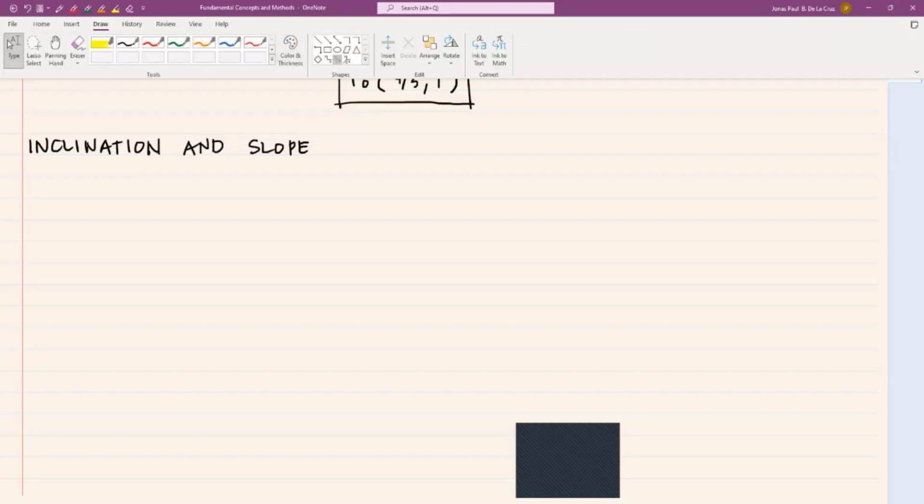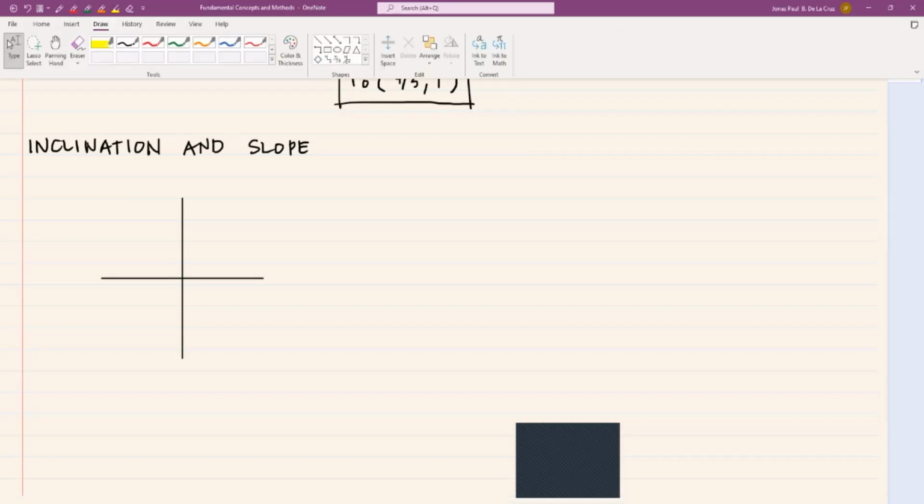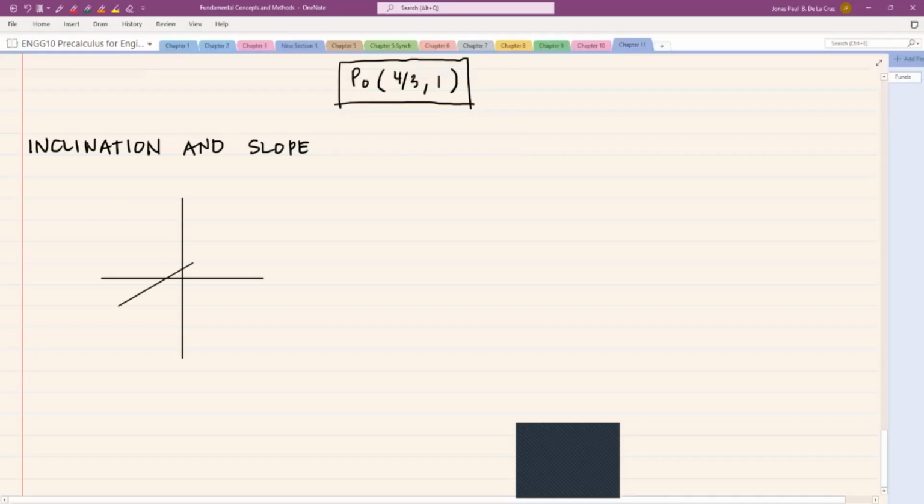Okay, let us try to draw our x and y coordinate. Then, if we have a line L here, this is our X, this is our Y. Okay, this is line L.